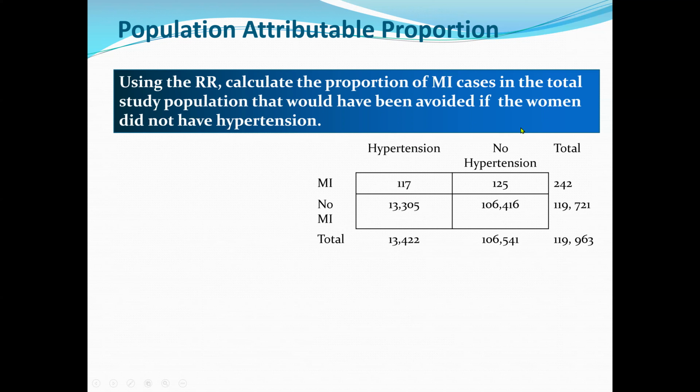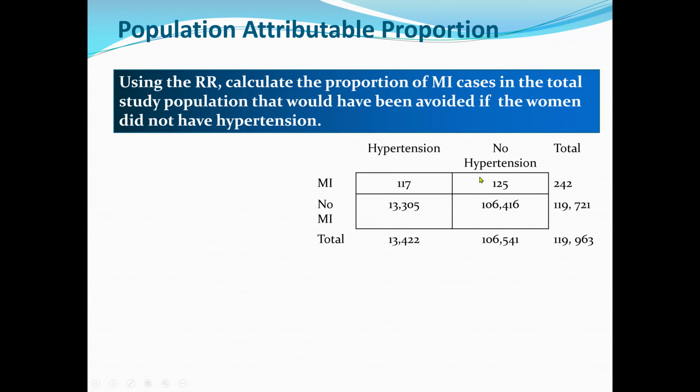Then we have women who are not exposed to the risk factor, hypertension: 106,541. Out of these, 125 have MI. When we subtract 125 from 106,541, we have 106,416, which means they are not exposed and also don't have MI.